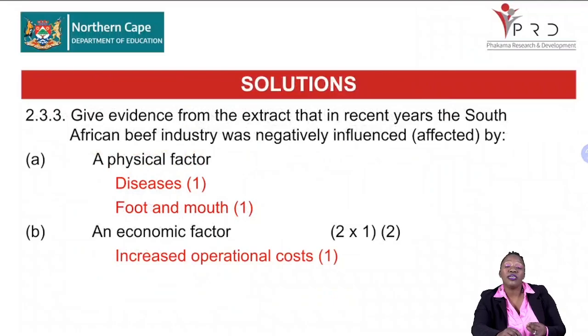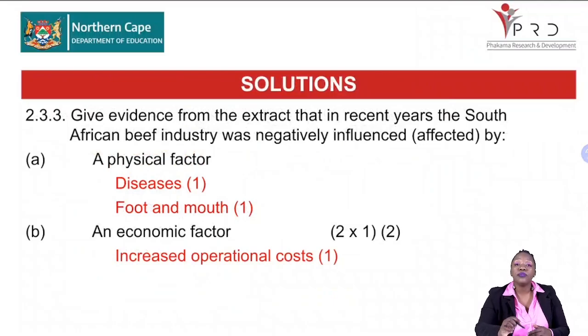Remember, physical factors are not done by a person, they happen naturally. Looking at number 1, diseases, there is no one who can make a disease. It is natural. Foot and mouth is also a disease that affected the beef industry.